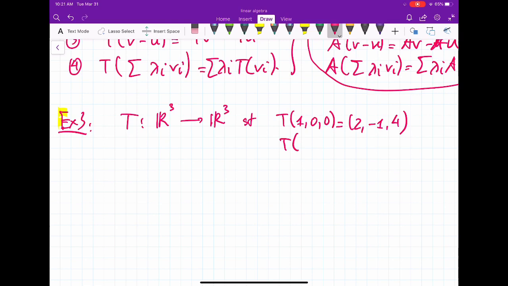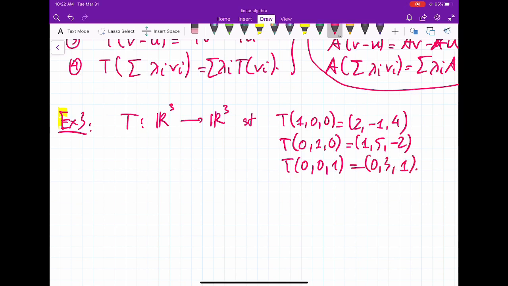T of 0, 1, 0 is 1, 5, and negative 2. And T of 0, 0, 1 is 0, 3, and 1. They ask you to find T of 2, 3, and negative 2.